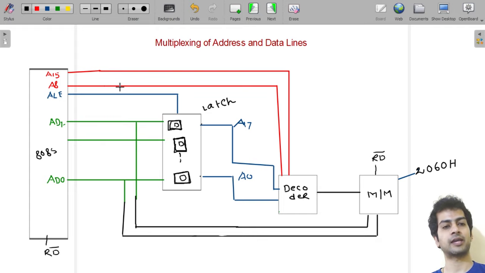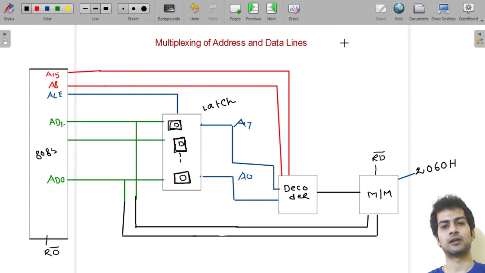Then what was our aim? Our aim was that the microprocessor wants to communicate with the memory location having address 2060H, and read the data present in it.